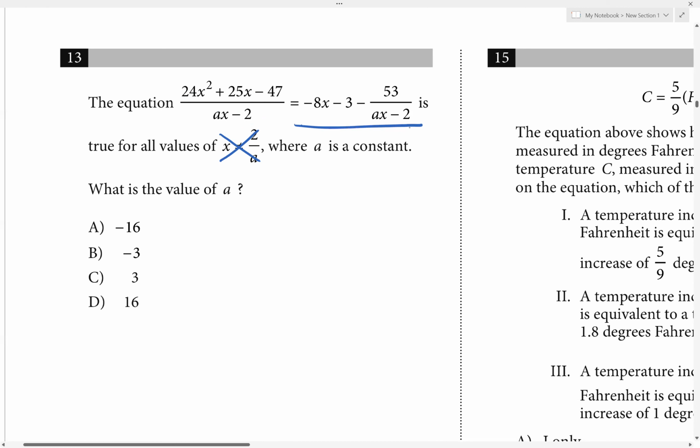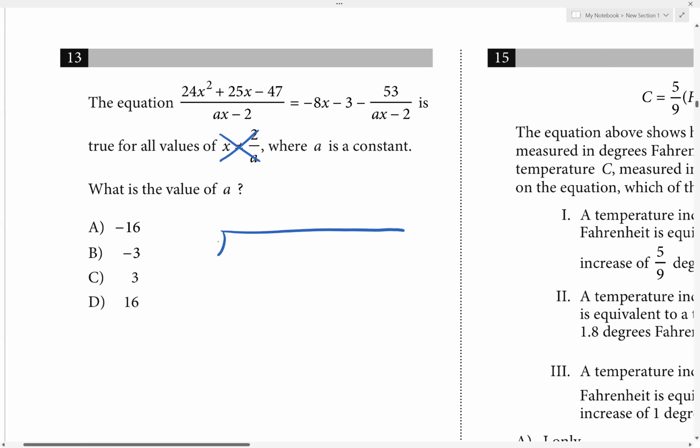When we see something like this, negative ax minus 3 followed by a little fraction, it's a hint that we can do long division. For long division, whatever we have for the remainder, we put that remainder over the divisor, which is ax − 2. So this tells us we can try long division.